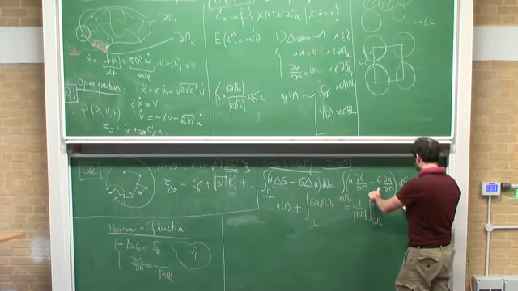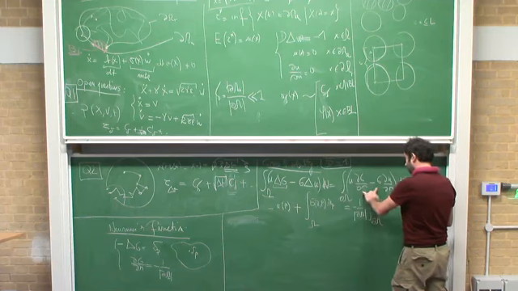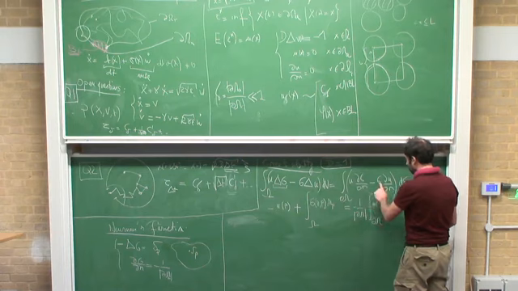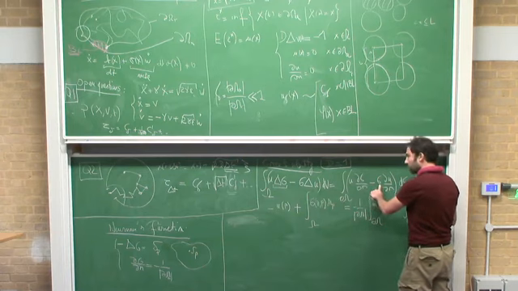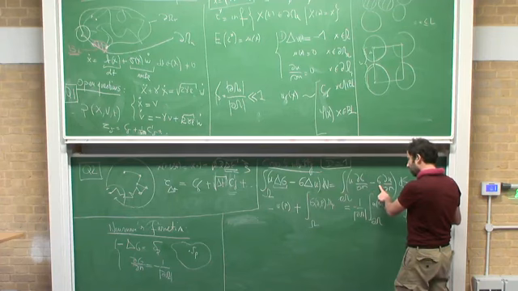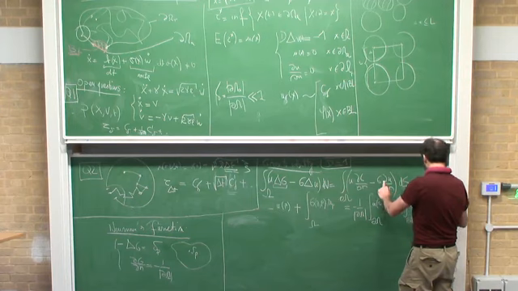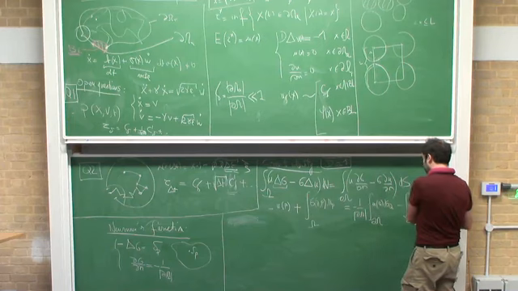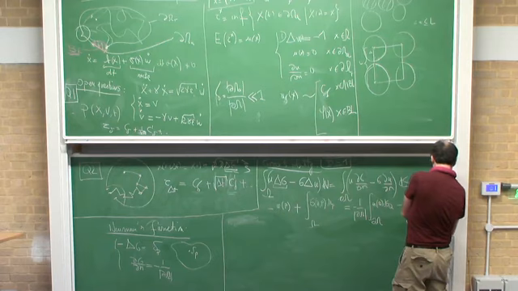So this is now minus the integral only on the absorbing part, G of Q, P, and dU/dn calculated at point Q, dSQ.